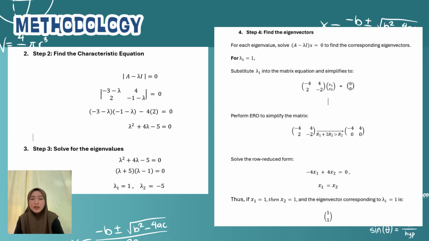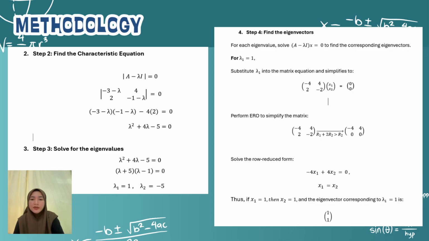Simplifying the determinant gives us the quadratic equation λ² + 4λ - 5 = 0. Then we solve the quadratic equation using factorization. Thus the eigenvalues are, for the first, λ = 1, and for the second, λ = -5.